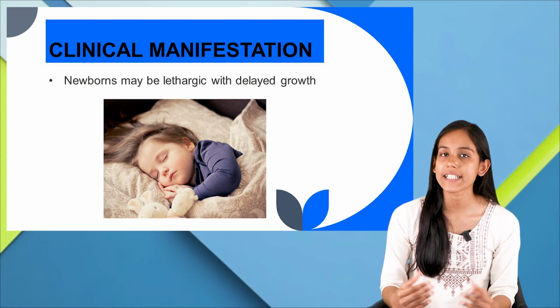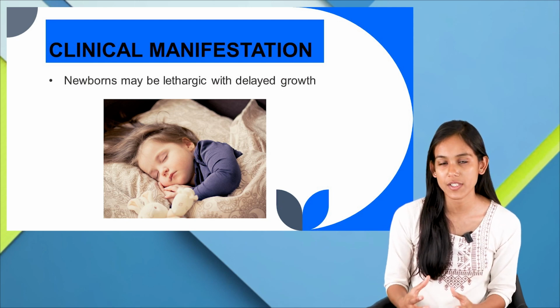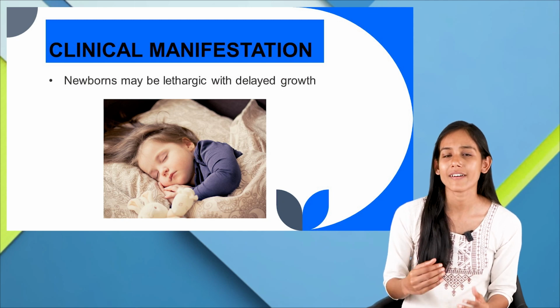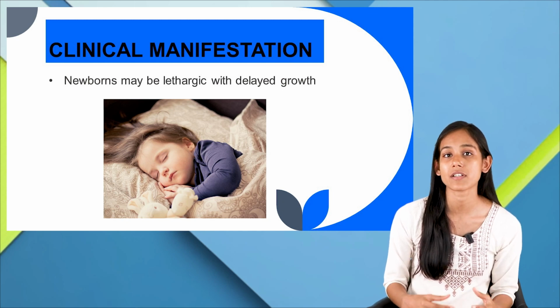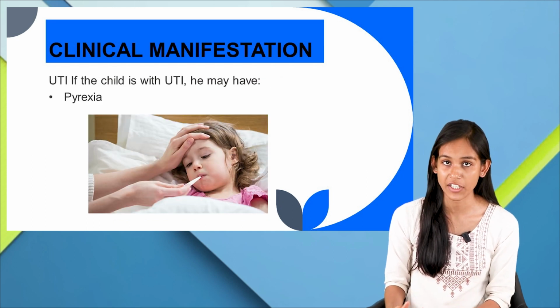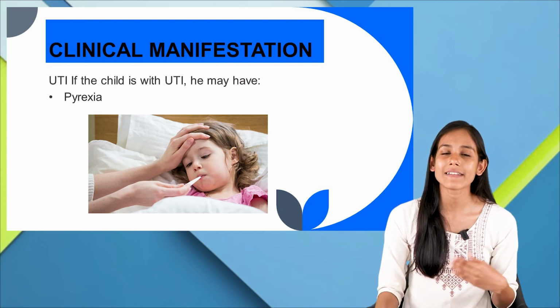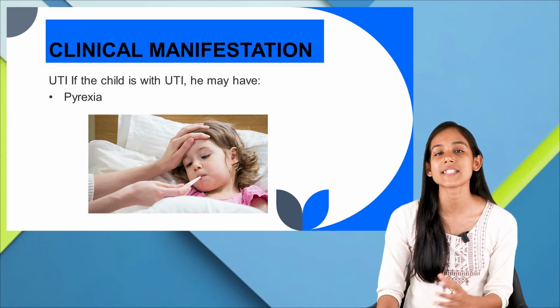Next, moving on to the clinical manifestations. So newborns who have vesicoureteral reflux might be lethargic, or they might have delayed growth, and also they might have urinary tract infection. But in case they have urinary tract infection, they will have certain symptoms.